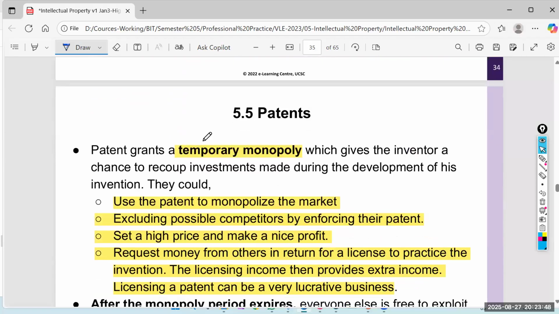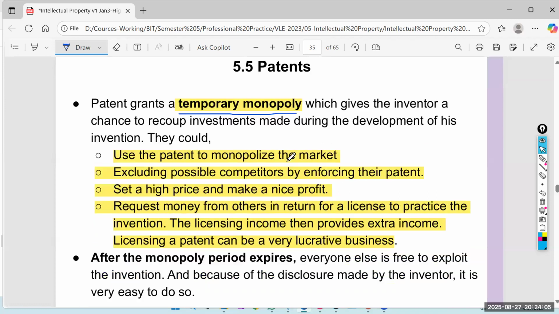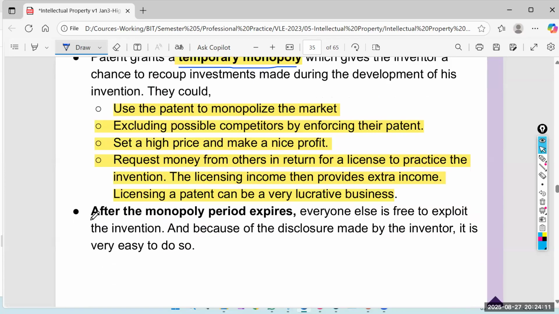So basically, patents give you a temporary monopoly to use your invention. It's okay, right? It's your invention, so you get the monopoly. Others can't copy your idea or design for the specific period. But after the monopoly period has expired, you don't have the patent anymore.